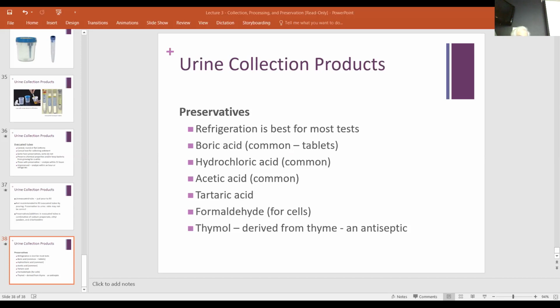So the normal color ranges can be from basically straw colored to dark yellow brown. Darker in the morning for the most part because you've been concentrating stuff overnight, and during the day as you build up and dispose of urine, it'll be different colors.